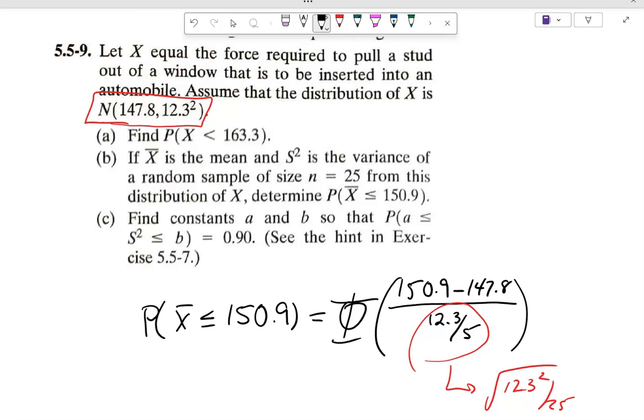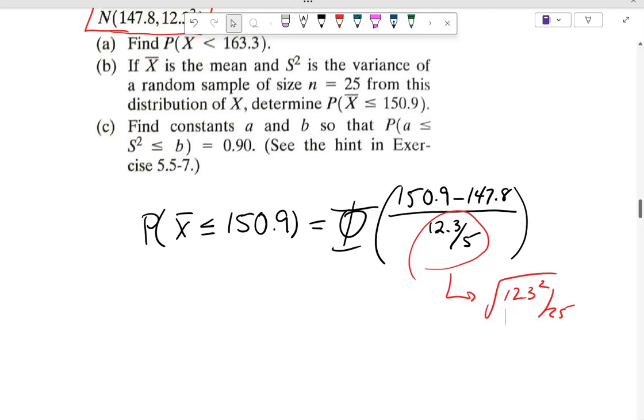right? The last part's a little new, but the idea here again is to create a chi-squared distribution, right? Let's not worry about the 0.9. Not worried about the 0.9 at all right this second. Let's create a chi-squared distribution in the middle.